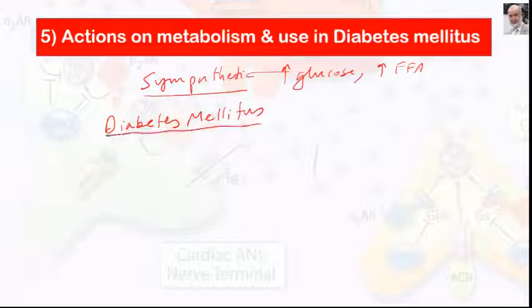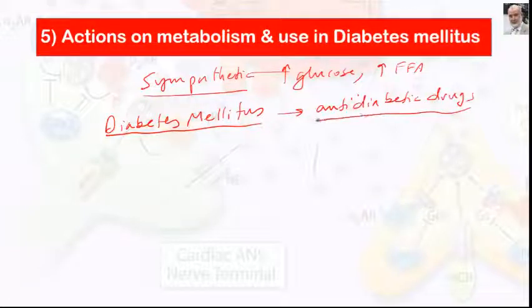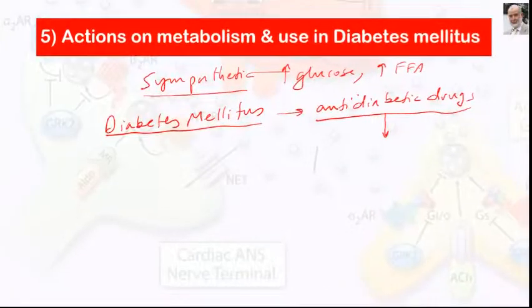Usually, diabetes mellitus is treated with anti-diabetic drugs. The most common side effect of anti-diabetic drugs is that sometimes they produce hypoglycemia. Hypoglycemia is a decrease in the blood sugar level below the normal value.